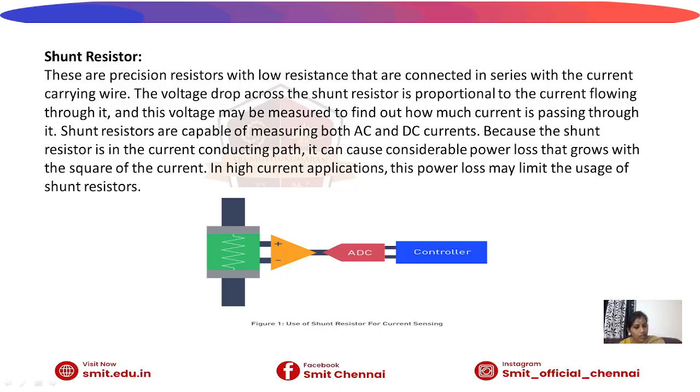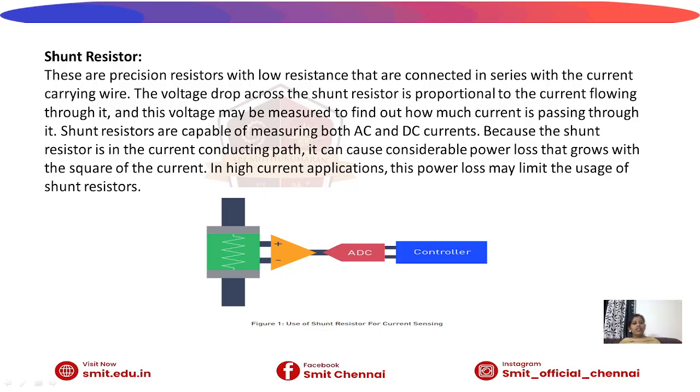Why are we measuring this voltage? To know how much current is passing through this conductor. Shunt resistors are capable of measuring both AC and DC currents because the shunt resistor is in the current conducting path.